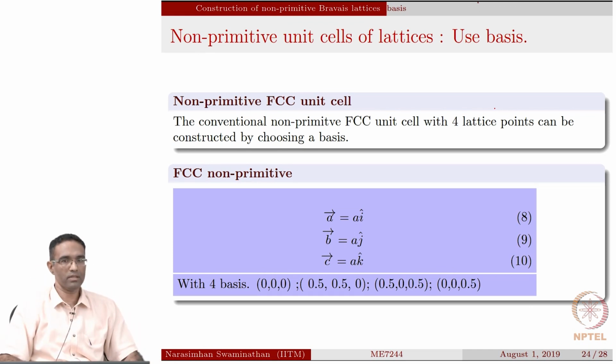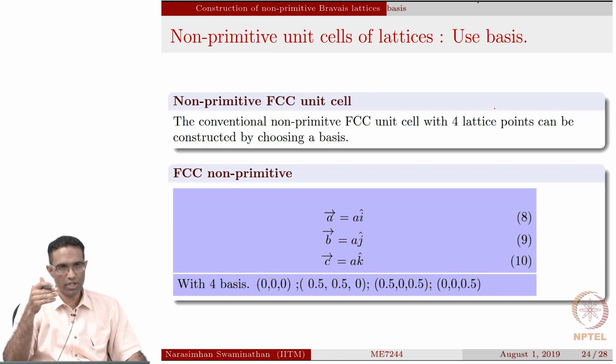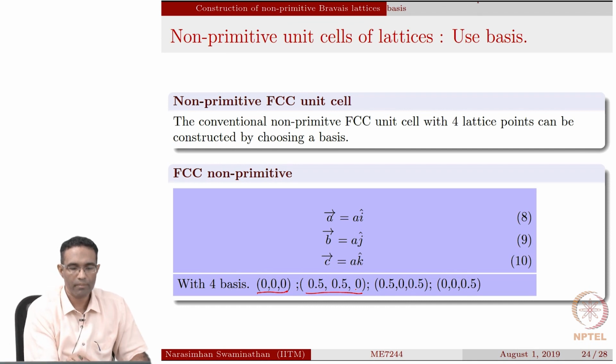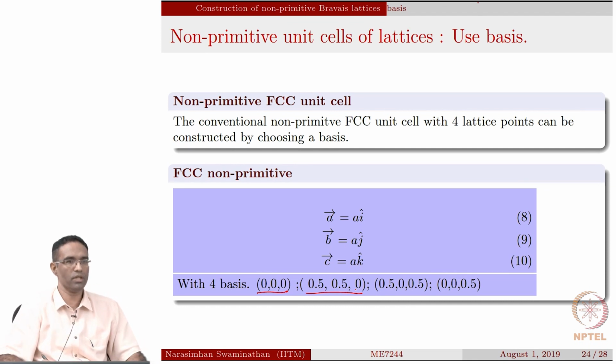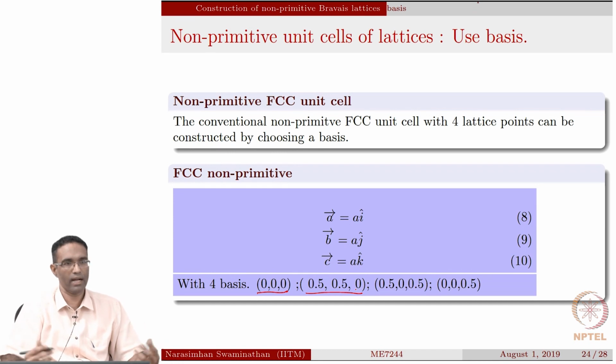As long as we understand what it means, it's not a problem. So, actually trying to answer his question, his question was, is there a difference between basis and a motif? They are used interchangeably. However, in this lecture, I would like to call motif something that is placed around the lattice points, the molecule or the atom, and basis as something that I will choose in order to construct lattice structures out of non-primitive lattice vectors, not basis, lattice vectors.